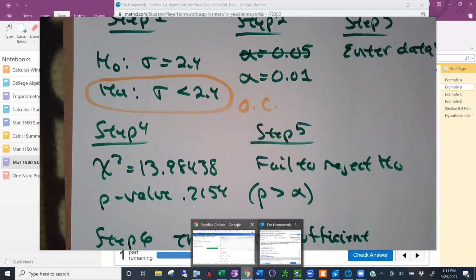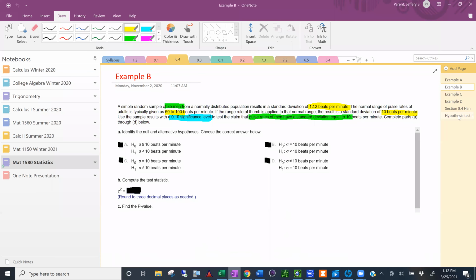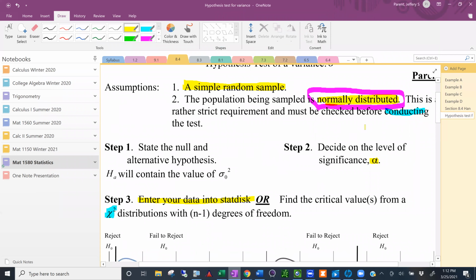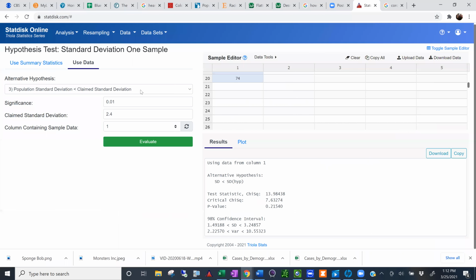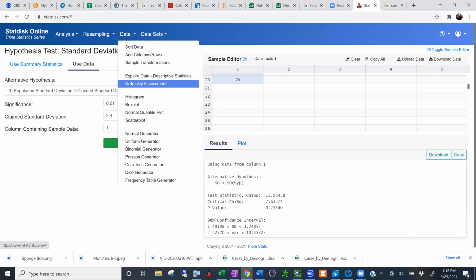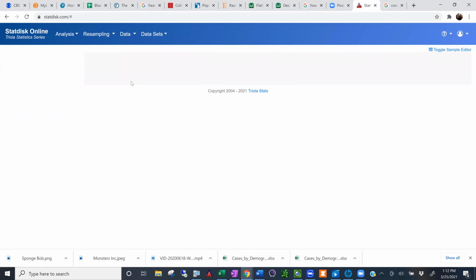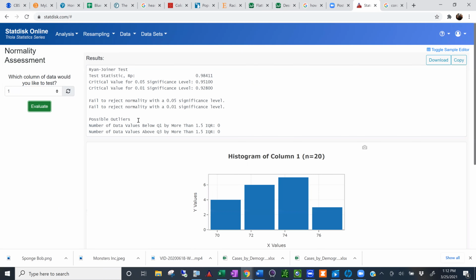Now we took the data they gave us and analyzed it. When you're looking at this kind of hypothesis test, one very important thing is to check that the data is normally distributed. That's circled here in purple. You can do that by going to data, a normality assessment, column 1, or you can do explore data.